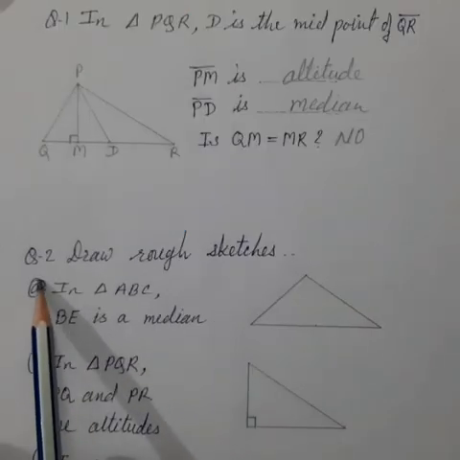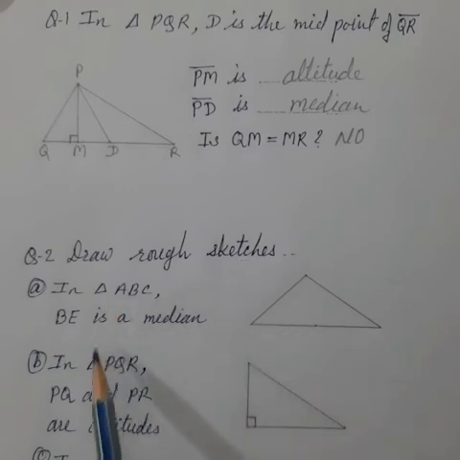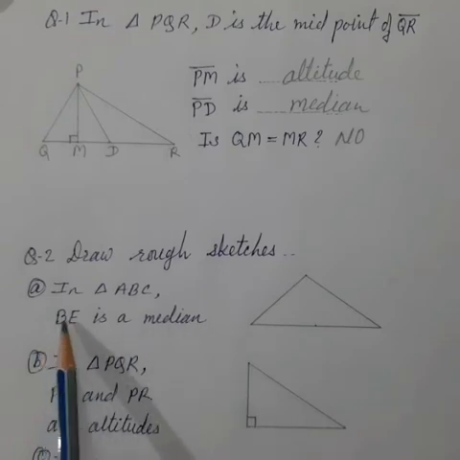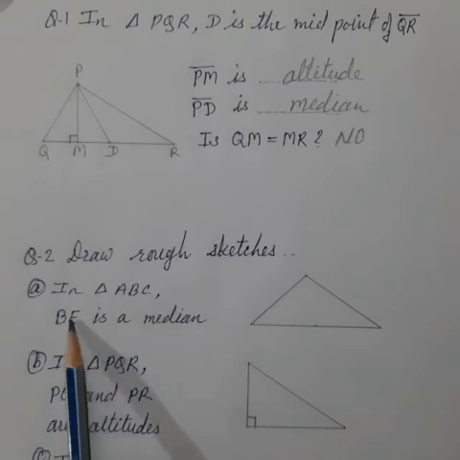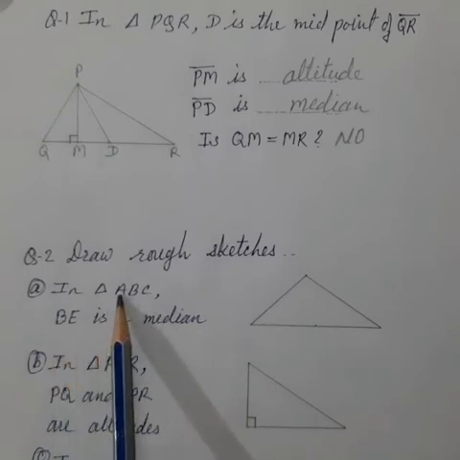Coming to question 2. Draw rough sketches of these triangles. A. In triangle ABC, BE is a median. BE is a median, so B is the vertex here, and E is the midpoint of its opposite side AC.